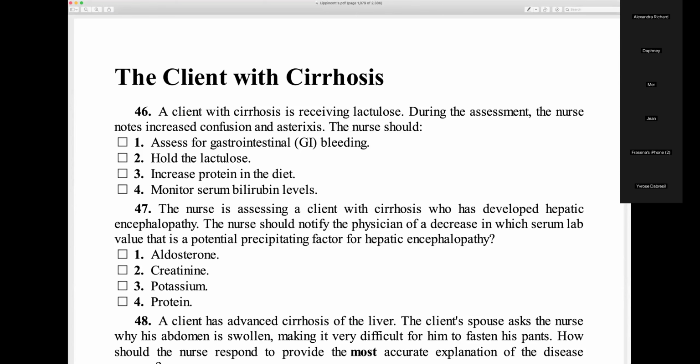Question 46. A client with cirrhosis is receiving lactulose. During the assessment, the nurse notes increased confusion and asterixis.